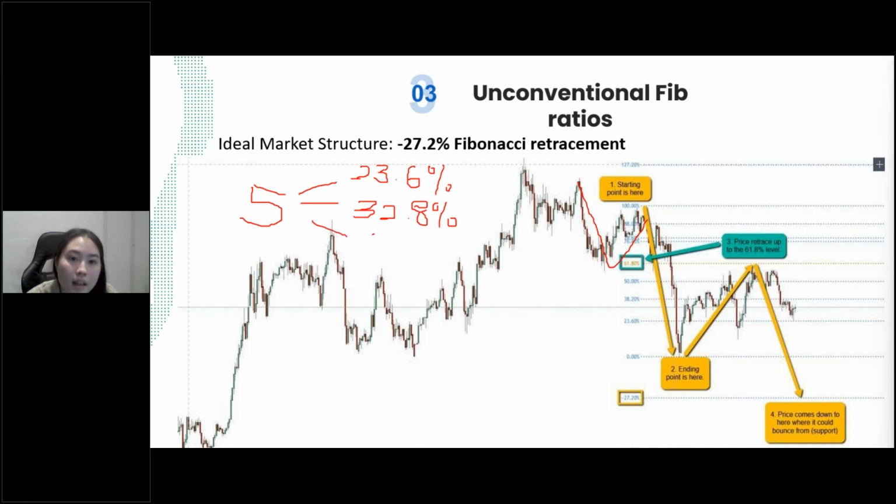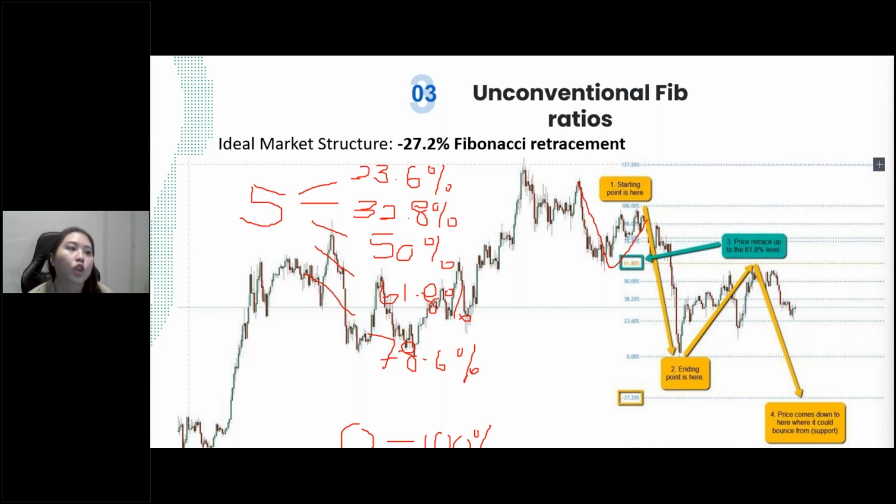There is the 50% level, the 61.8 level, and the 78.6 level. Okay, you just need to remember these 5 levels. These are the 5 levels that are important in Fibonacci retracement. They are levels from 0 to 100%.